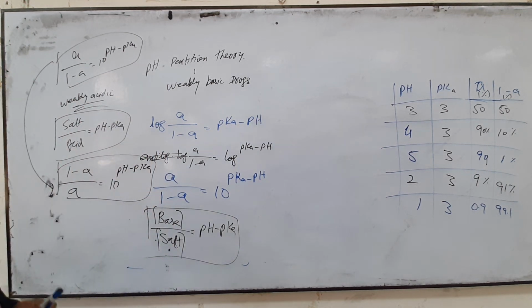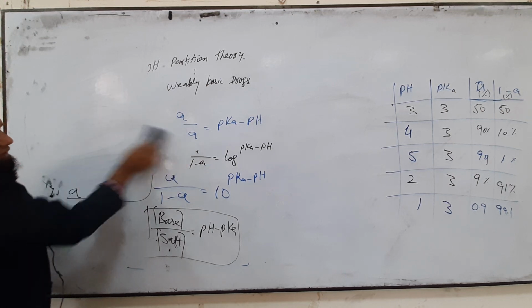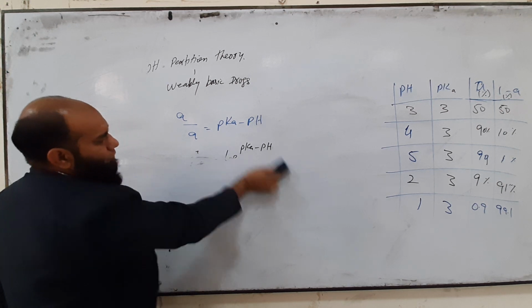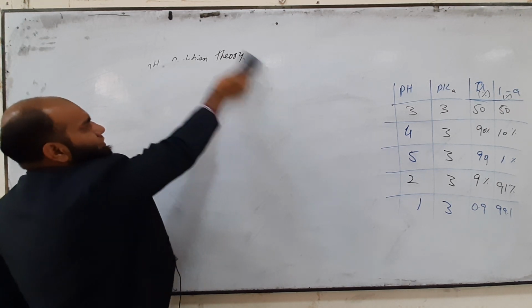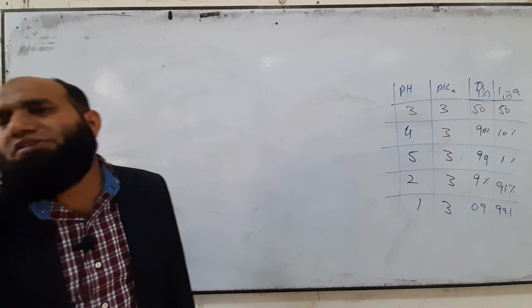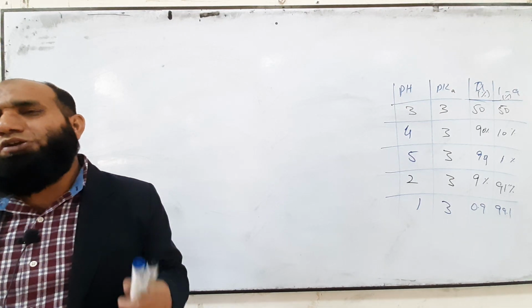We are taking the example of quinine, which is a weakly basic drug, and its pKa value is 8.4. Do you remember the pH value of our blood? It's 7.4. So we can make a comparison with this.